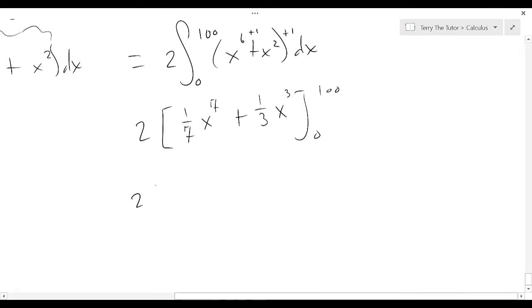We've got 2 times 1 over 7 times 100 to the 7th plus 1 over 3 times 100 to the 3rd, minus, if I plug in 0 for my x's, I just get 0.